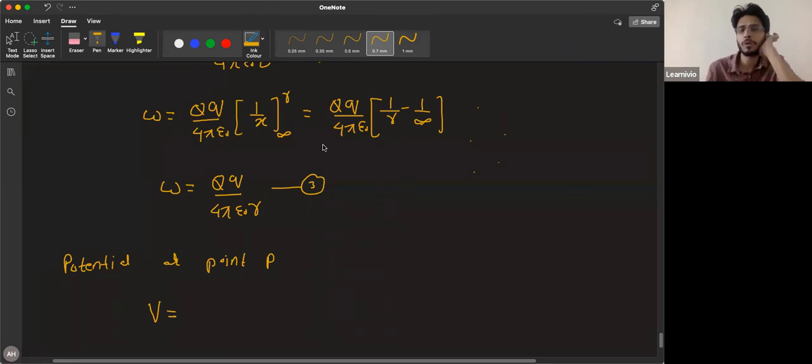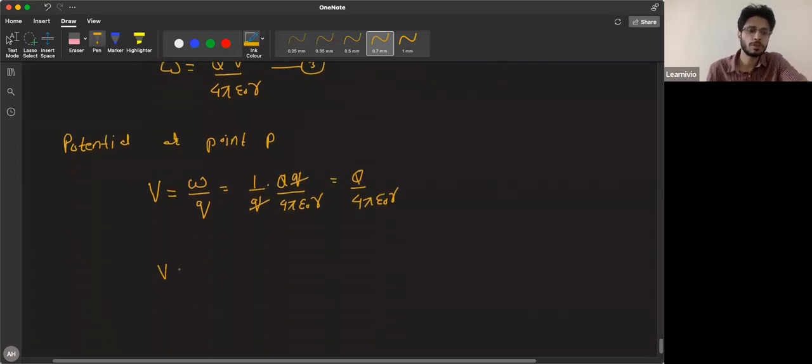Potential is equal to work done from infinity divided by q. So that's 1 by q into work done, which is Qq over 4 pi epsilon naught r. So this q will cancel that q and you get Q over 4 pi epsilon naught r. So this is the relation between work done and potential. That potential is Q over 4 pi epsilon naught r.